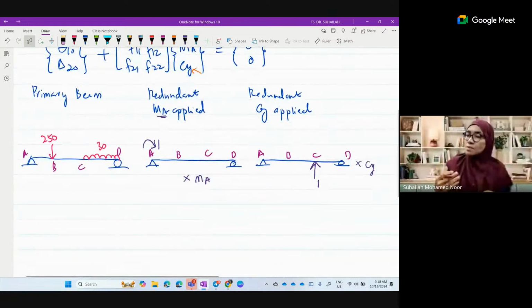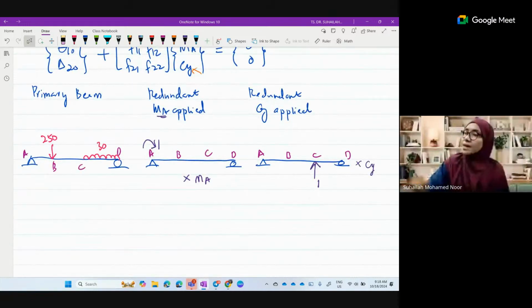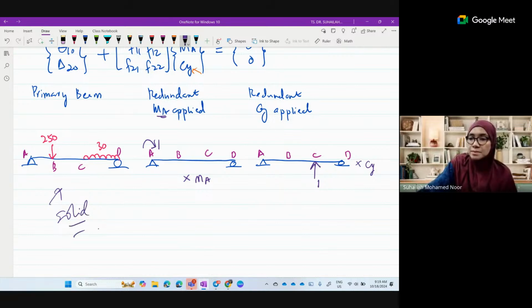So kat sini kiralah nilai AY dengan DY. So nak kira reaction untuk beam ni, actually calculation nak dapat reaction ni tak payah tunjuk pun tak apa. Sebab that's why kita kena faham kita punya learning outcome. Bila you all belajar solid mechanic, cuba ingat balik, apa dia punya learning outcome for topic beam? Reaction. You dah dinilai how you calculate reaction in beam masa tu.